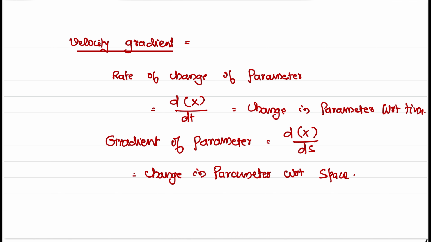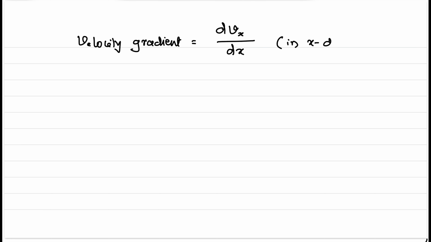Velocity gradient means, let us say unidirectional in Vx, velocity gradient in x direction, let us say, is equal to change in velocity in the x direction divided by change in x direction.